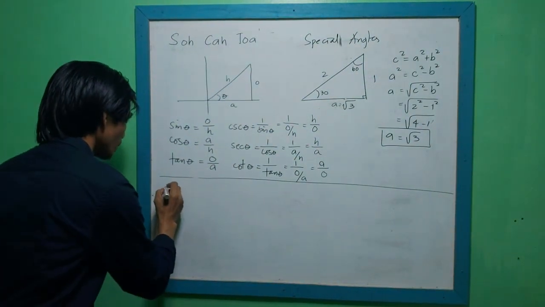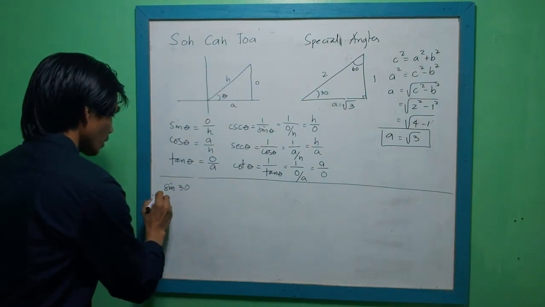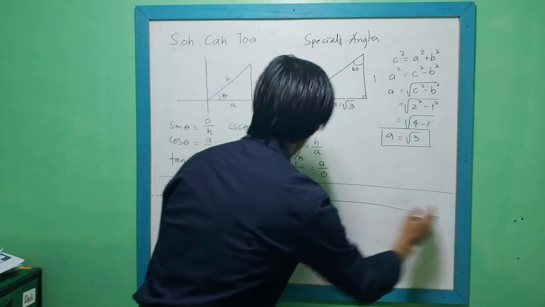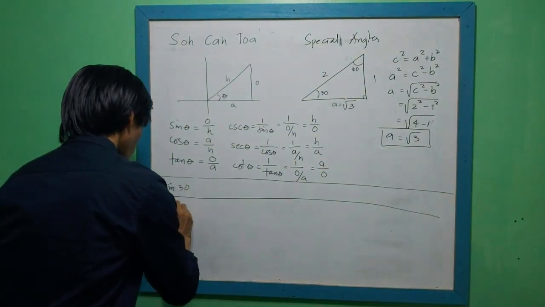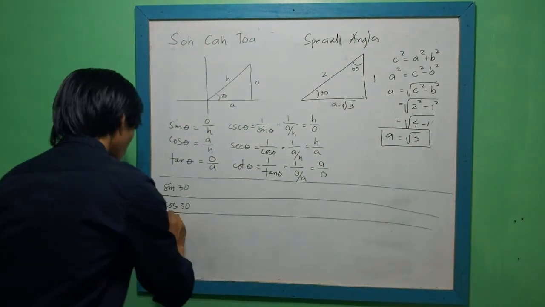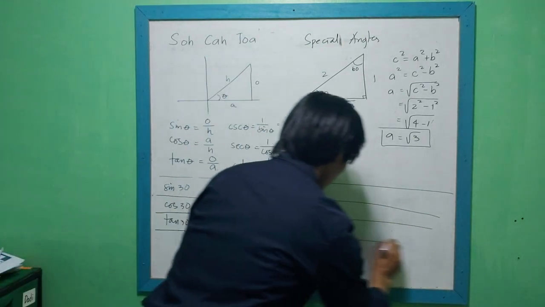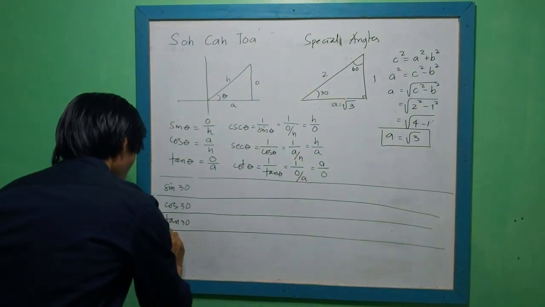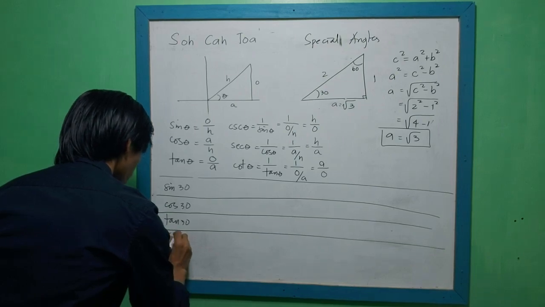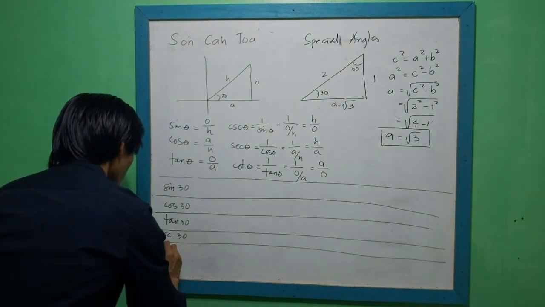Ilagay natin dito Sine 30. Okay? Sine 30. Cosine 30. Yan. Tangent 30. Okay? Sige, ilagay natin. Cosecant. CSC 30 degrees. Okay?